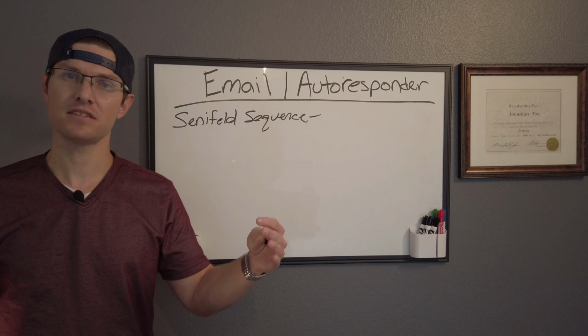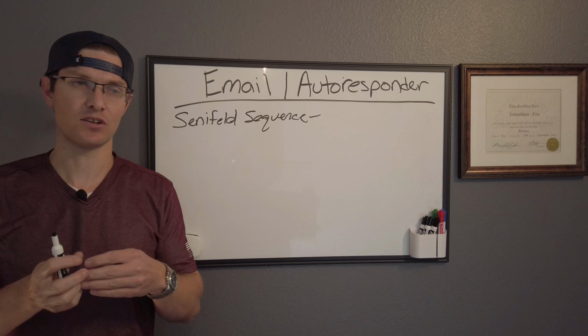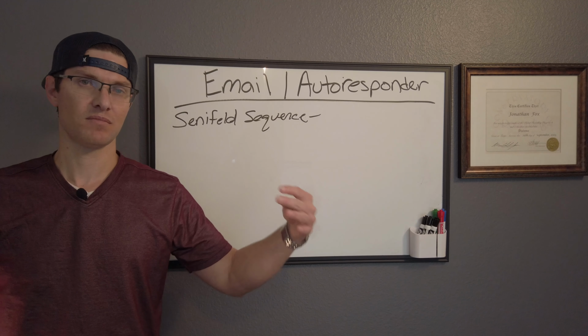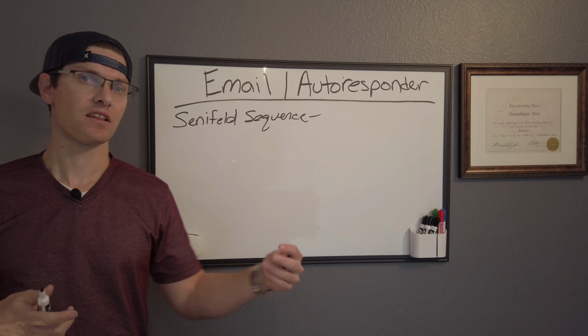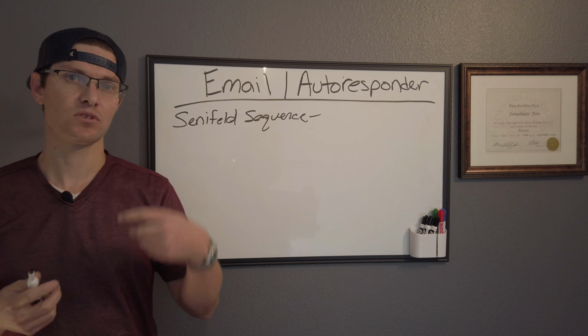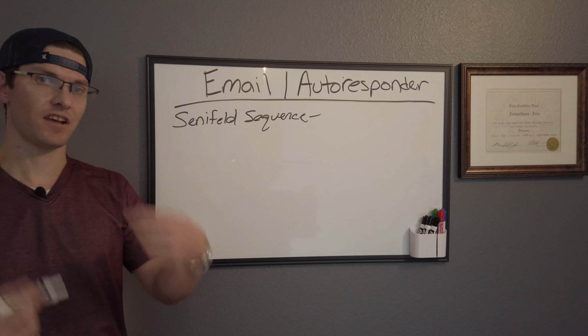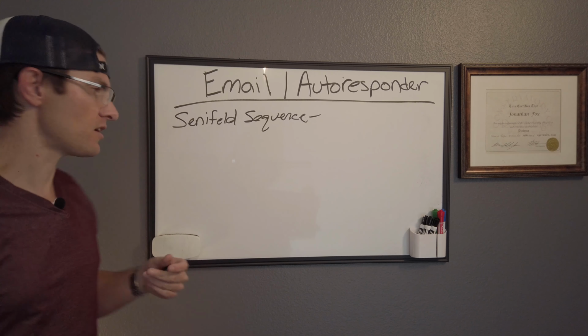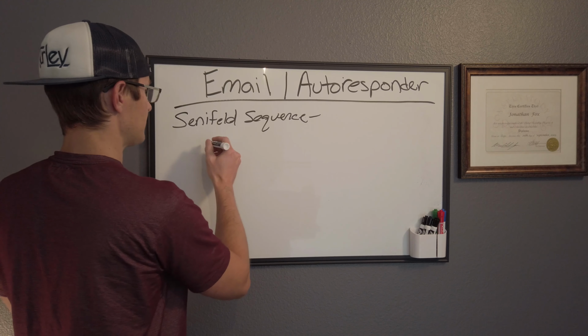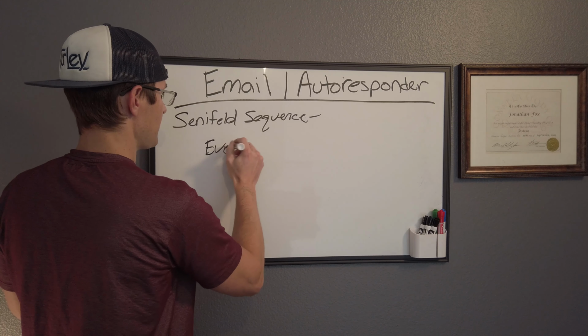You can set that up ahead of time, and because everyone's going to go through that same autoresponder sequence. This type of email sequence, this one isn't going to be an autoresponder, because what you're going to do with this one is every day you're just going to talk about your life.